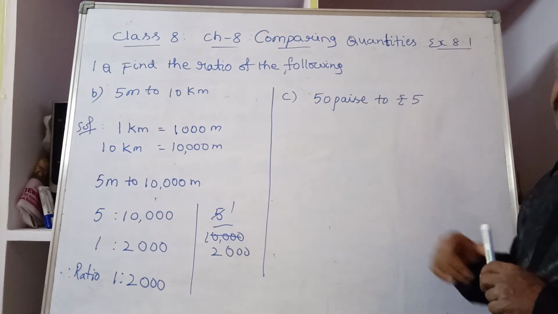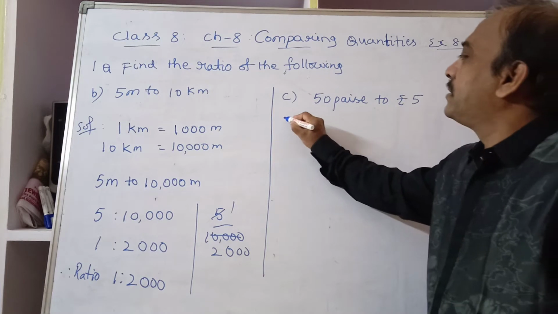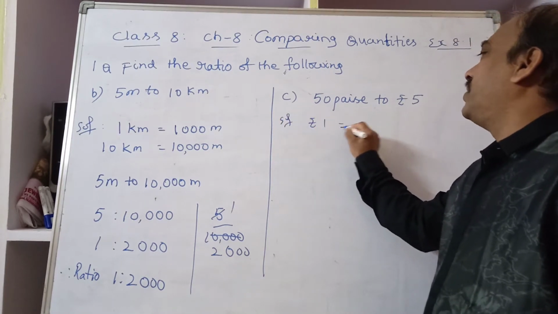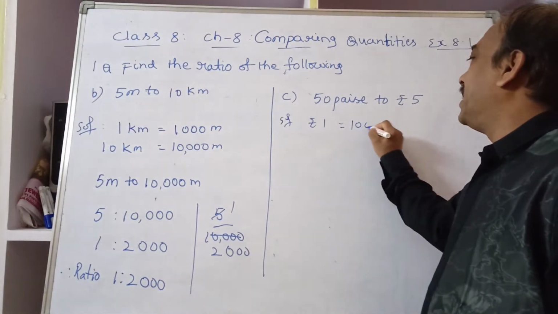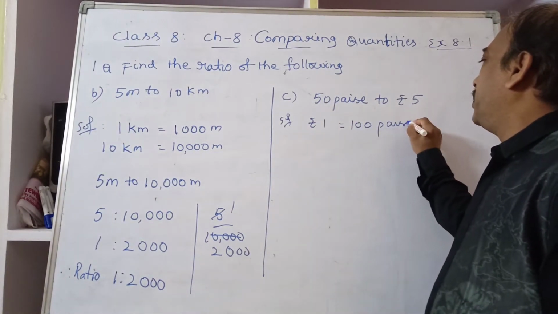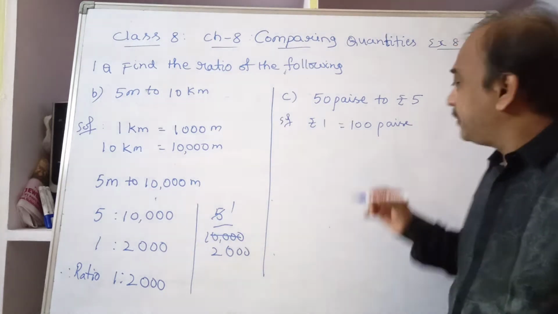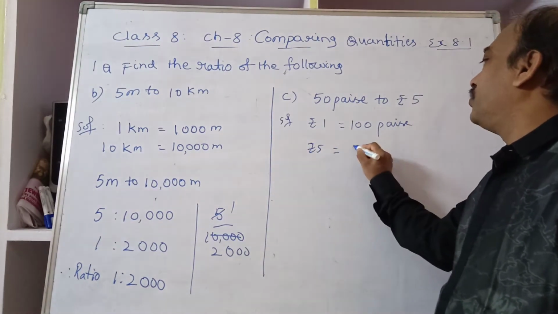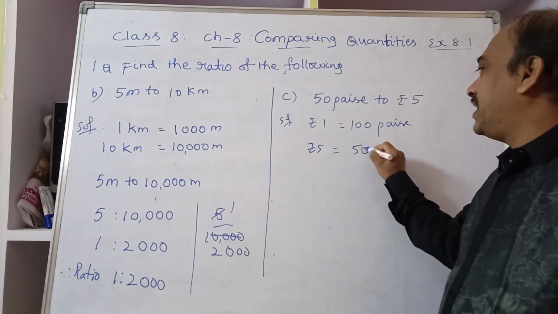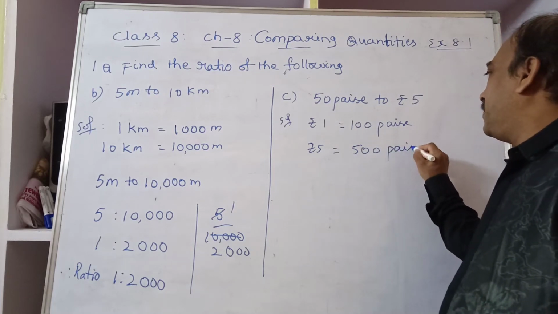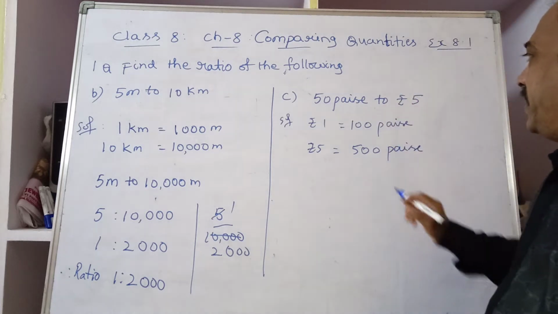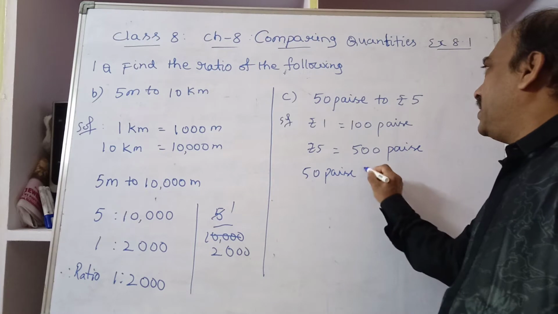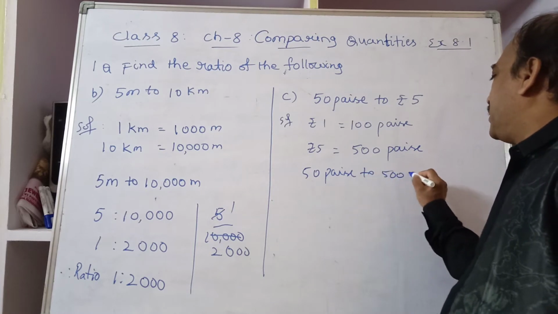Convert the bigger unit into the smaller unit. So solution: 1 rupee is equal to how many paise? 100 paise. So rupees 5 is equal to, yes, tell me, 500 paise. Correct? Now the ratio between 50 paise and 500 paise.